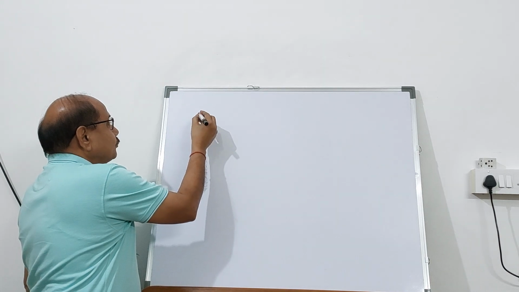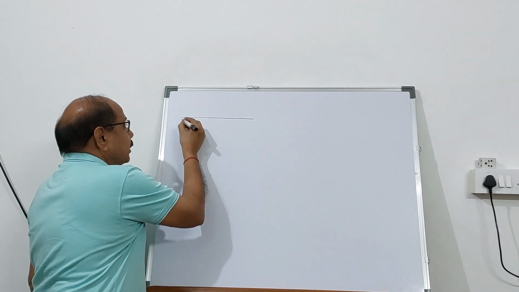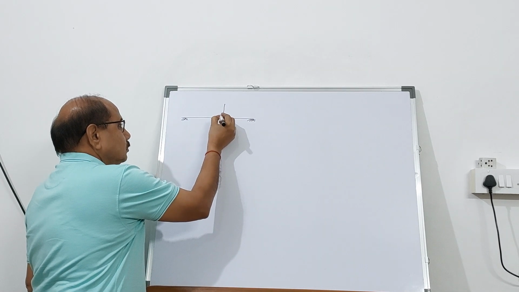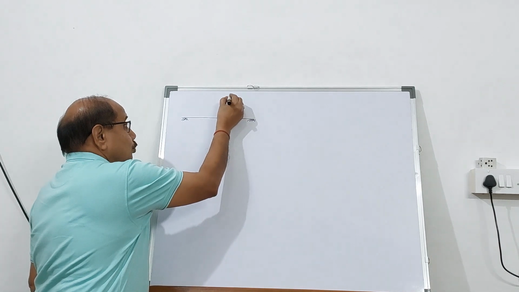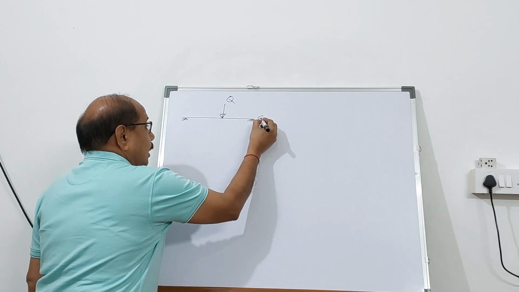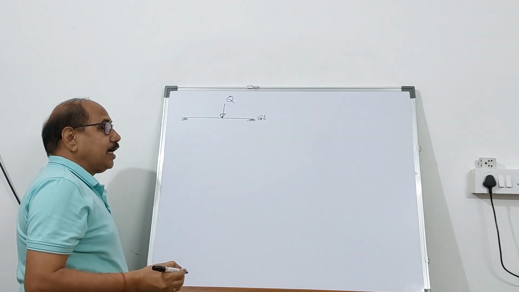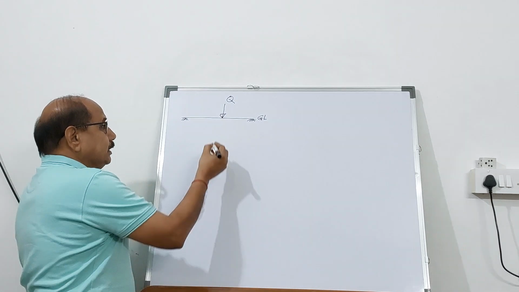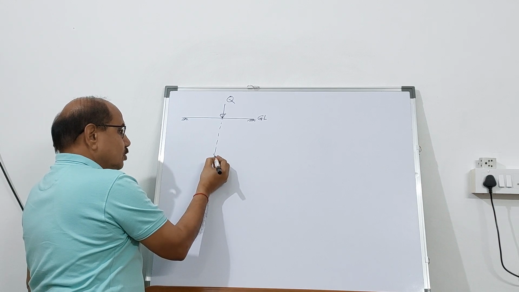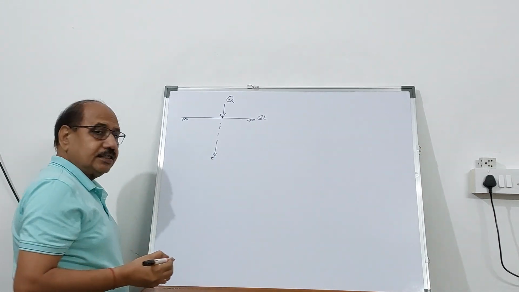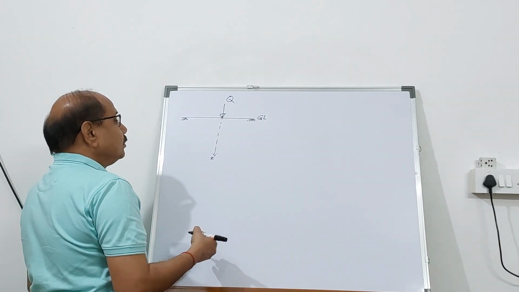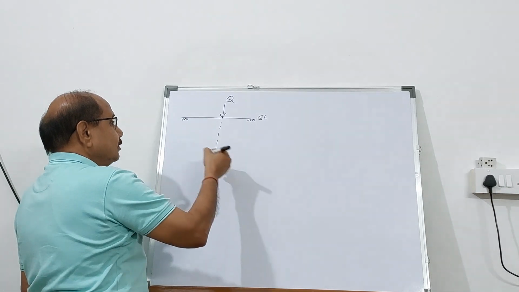So let's say that there is a surface load of magnitude Q. This Q is acting at the ground level, and this becomes the Z axis, and depth is also in the downward direction, which will be Z.